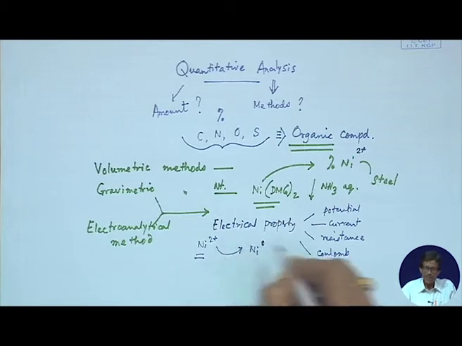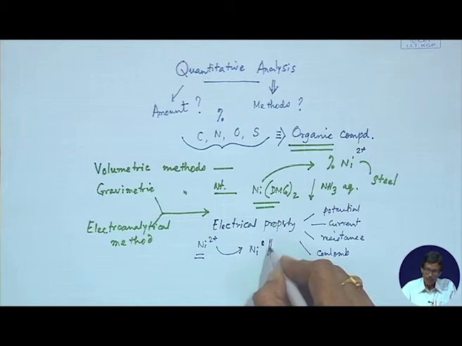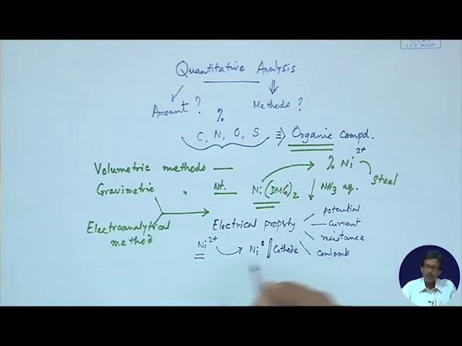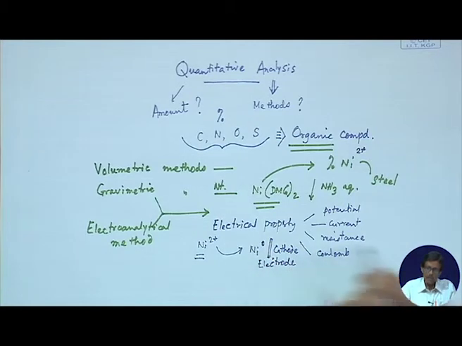So, if it is the cathode, on the cathode surface, it is the electrode. So, the electrode is your cathode, and this nickel can be deposited on the cathode.